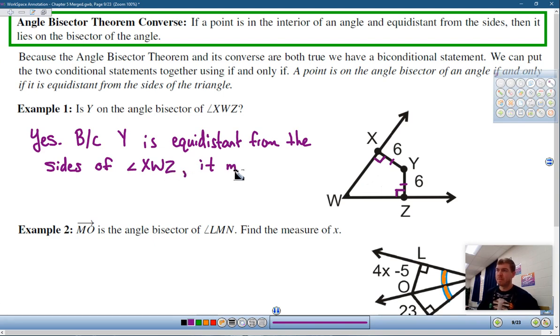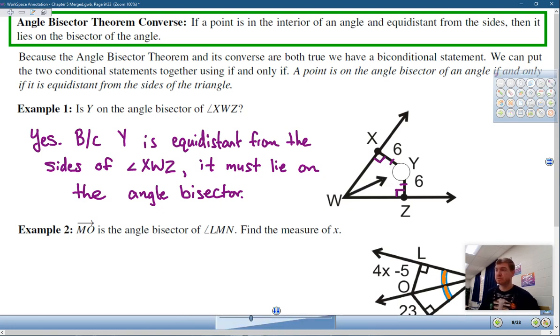It must lie on the angle bisector. The angle bisector is not drawn here, but what we're saying is that if we did draw it, then it would actually be on that angle bisector.